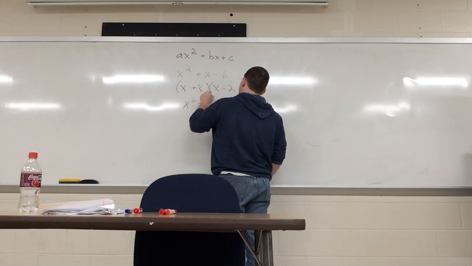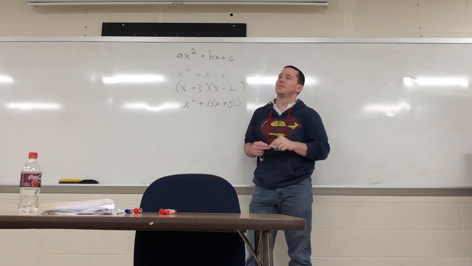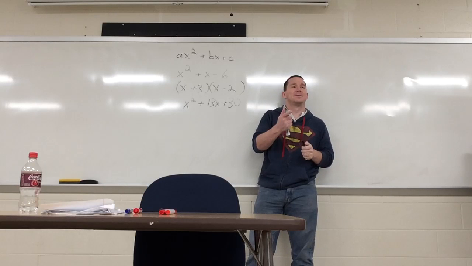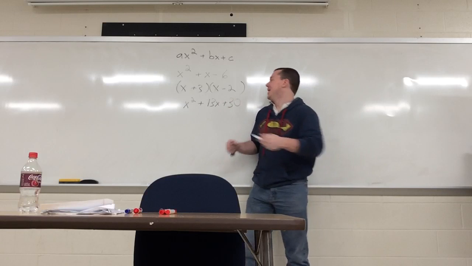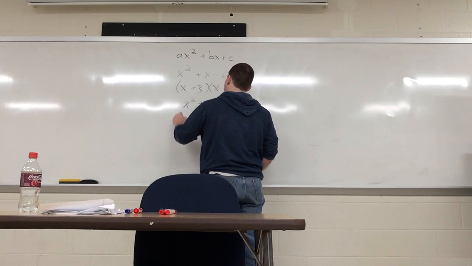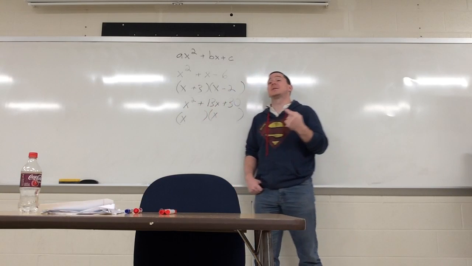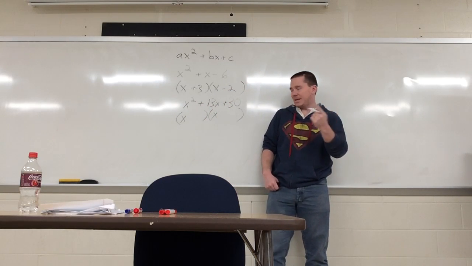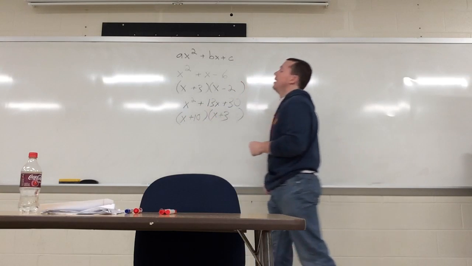Just really quick, x squared plus 13x plus 30. Yes, that's why I wrote it on the board. I wanted it factored. Leading coefficient of 1 again, so it's going to be x and x. Two numbers whose product is 30, whose sum is 13. 10 and 3, sure. So you get x plus 10, x plus 3.